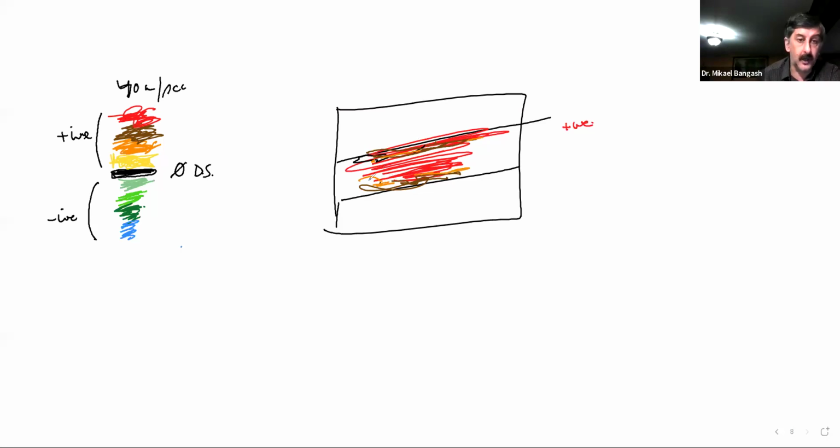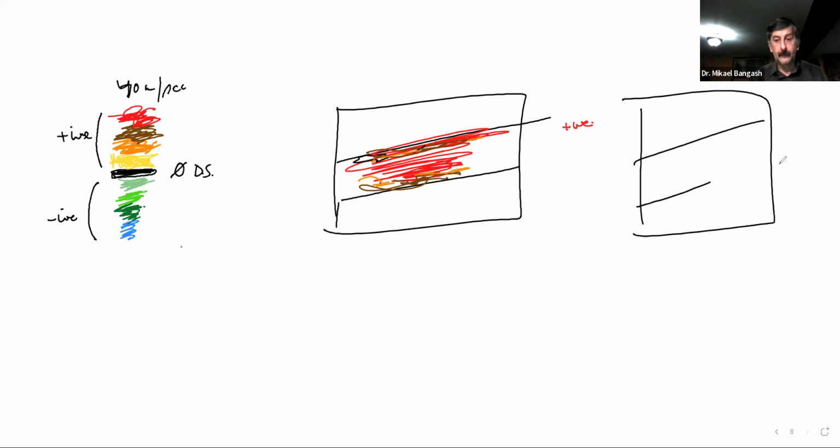So the colors will represent different speeds, but any color on the positive side filling up the blood vessel mainly meant that we have a positive Doppler shift. Whereas if that same blood vessel showed us colors on the negative side, what would that have meant?